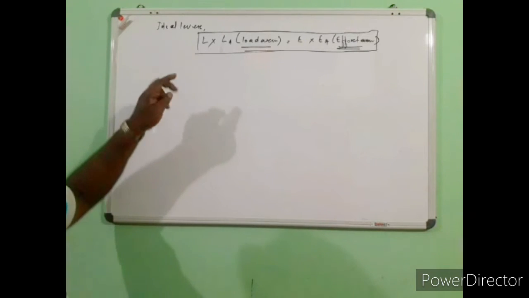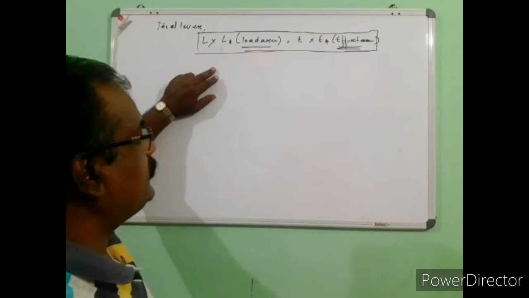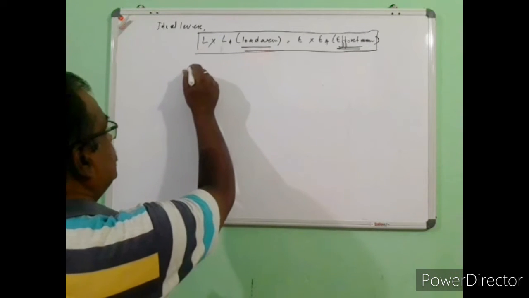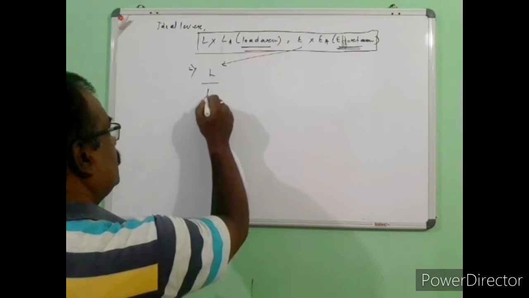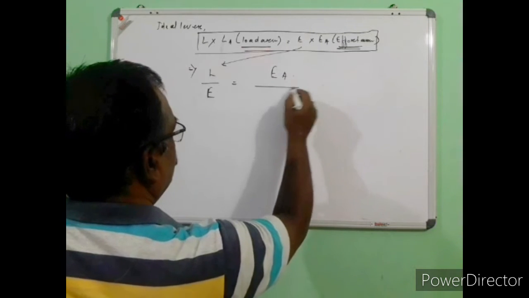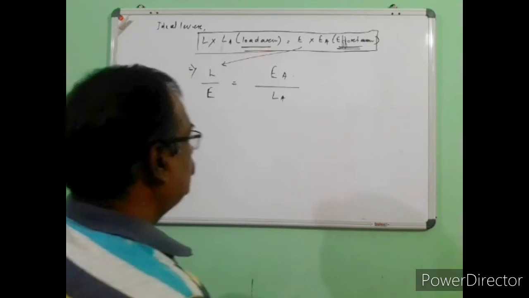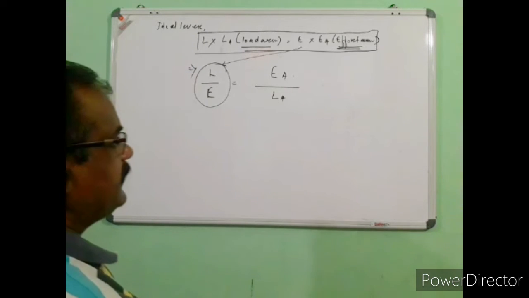So we have seen from the principle of lever that load into load arm is equal to effort into effort arm, or in other words, load upon effort is equal to effort arm upon load arm. But we know that load upon effort is equal to mechanical advantage.